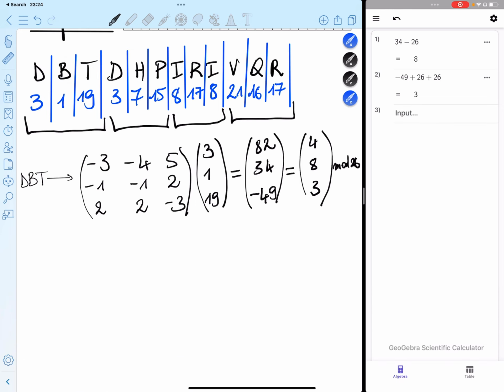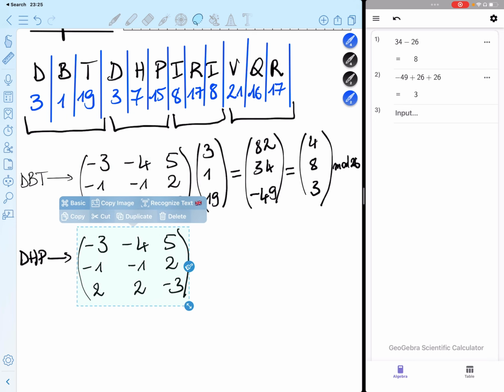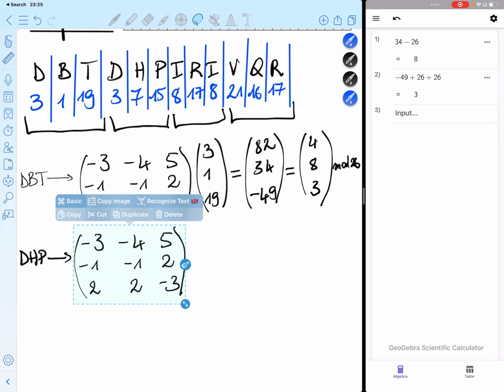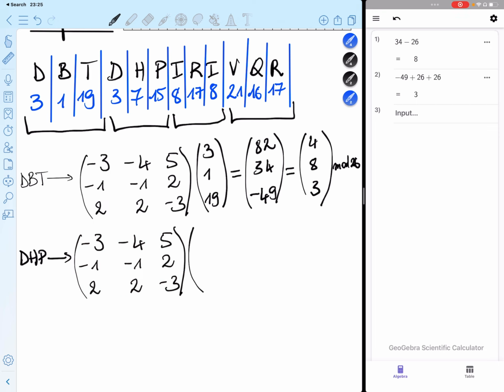Now, second thing I want to decrypt is DHP. DHP is going to be the product between the matrix of decryption, and then I'm going to multiply it by 3, 7, 15.